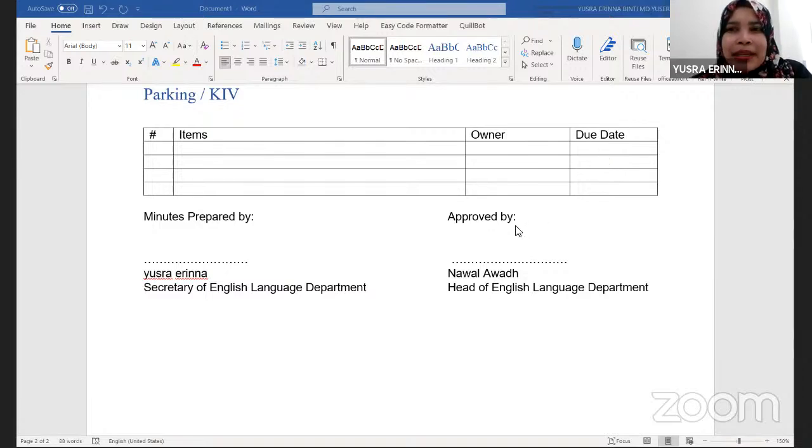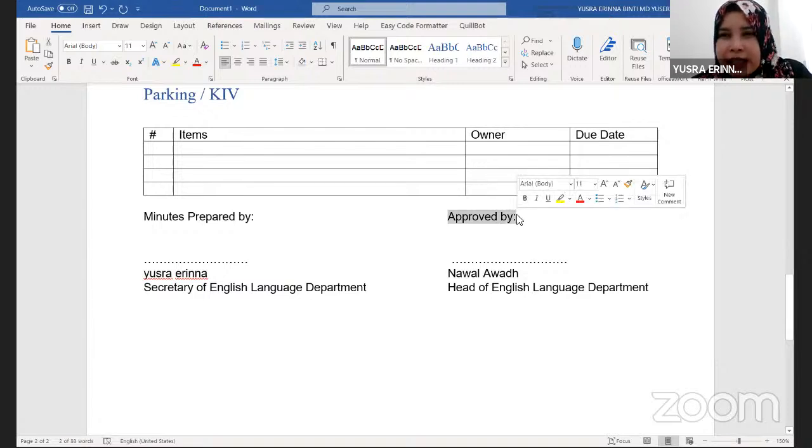At least one person, of course, but in a big department it will be checked by a lot of people. So the main things that should be included are minutes prepared by and approved by. In a way, approved by is also like the last stage of checking.